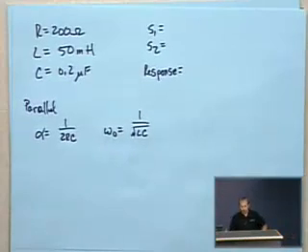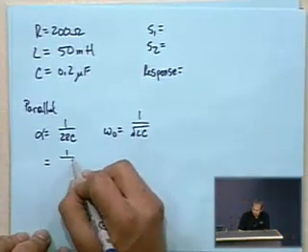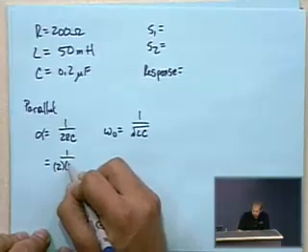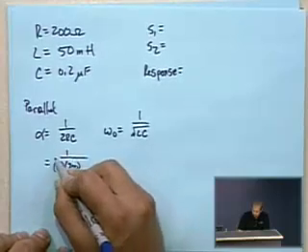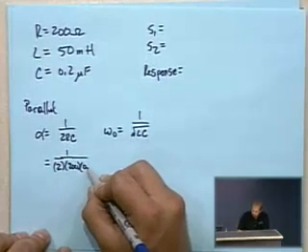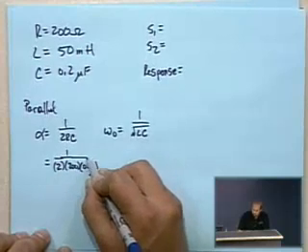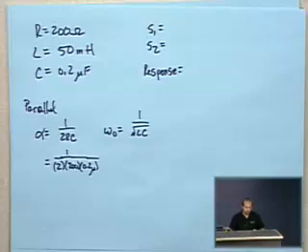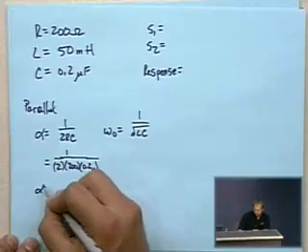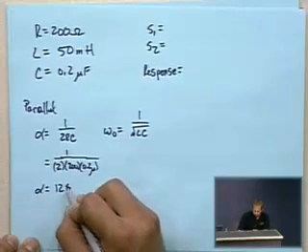So plug and chug: 1 over 2 times 200 times 0.2 micro. 2 times 200, times 0.2 e negative 6. Flip that, and we get a value for alpha that is 12,500.